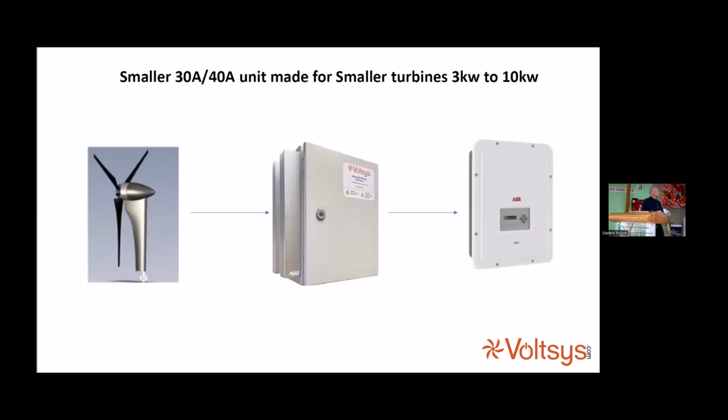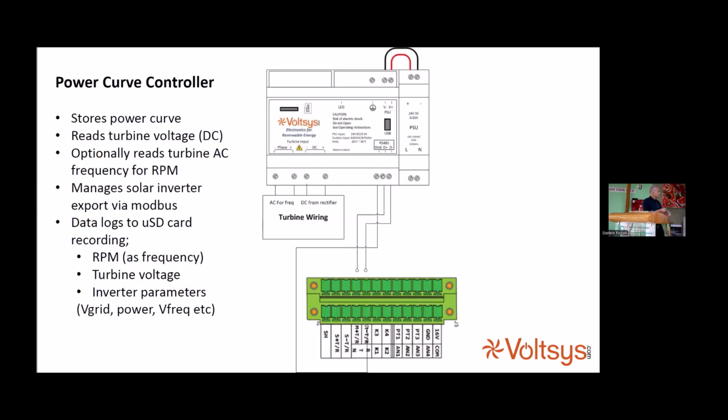So later on, we produced the 40 amp and 30 amp versions for smaller turbines and to fill the market for smaller turbines. We also produced a small DIN rail mounted unit, about 20 centimeters by 20 centimeters, which is just purely the logic chip from the other board for the power curve. So it read the turbine voltage, it read the turbine frequency.